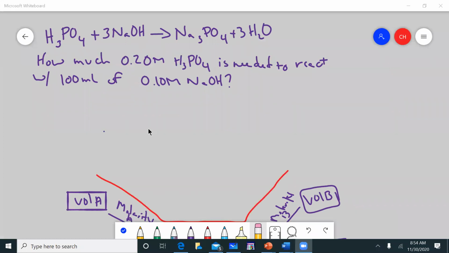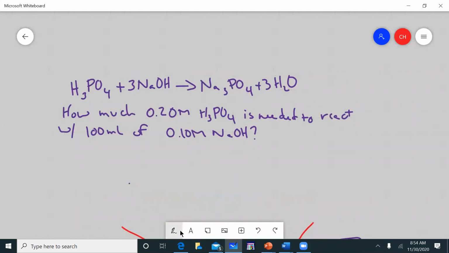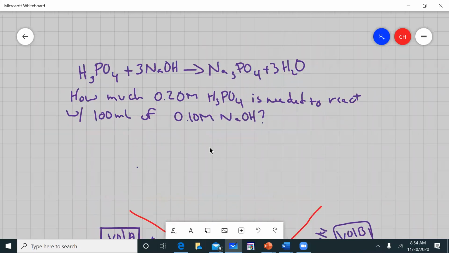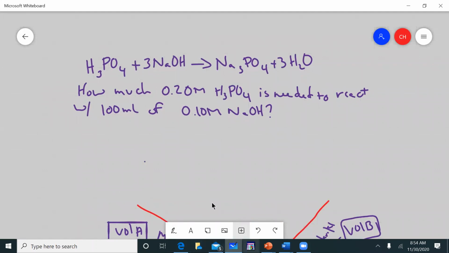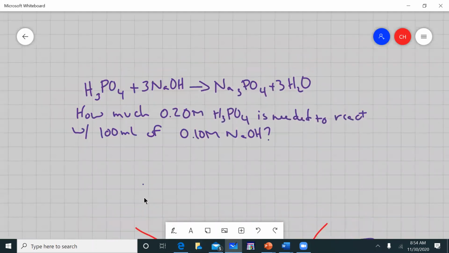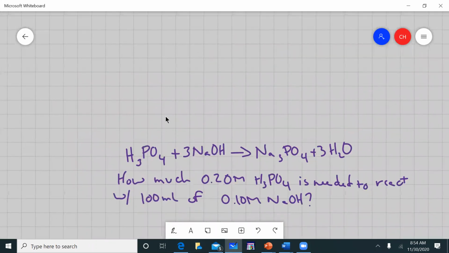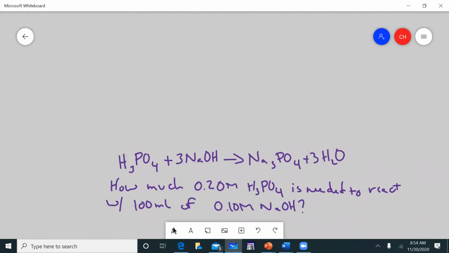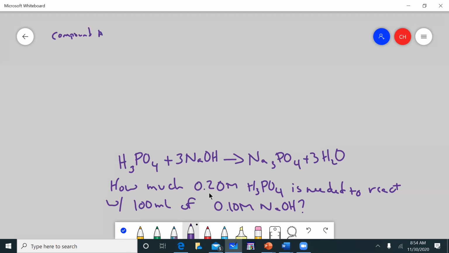Okay, so what we are going to do here, first step, I wish I hadn't written it so close, but I did. What can you do? I'm going to put it down here. So I need to have compound A and compound B. Compound A, remember, is whatever you have more information on.